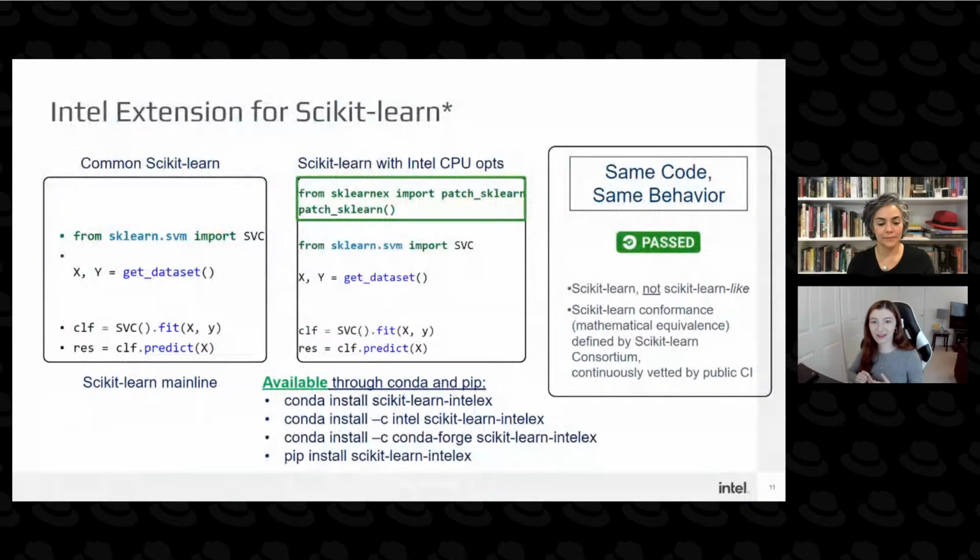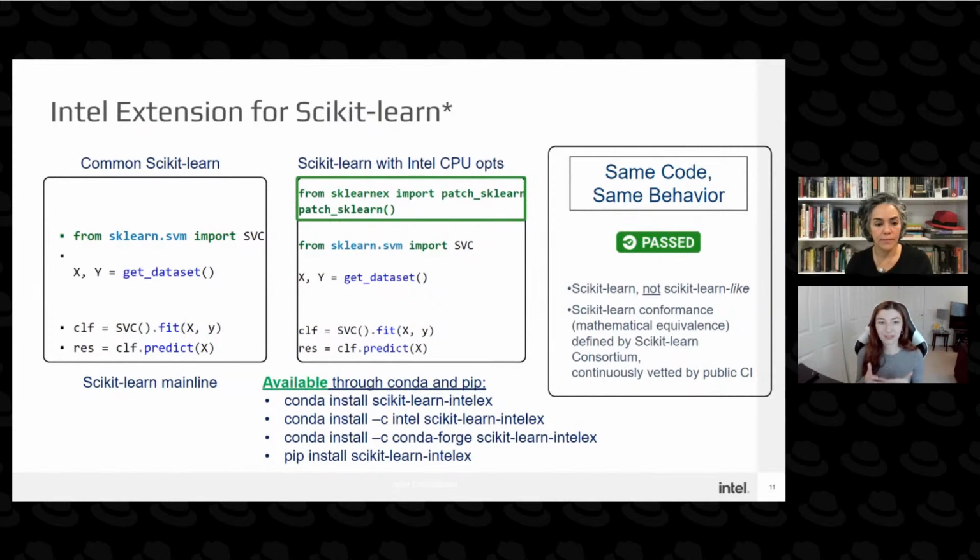So if I am a user using the AI Kit operator on Red Hat OpenShift Data Science, how can I actually use these optimizations? Let's take, for example, a support vector classifier, as in this small code snippet seen here.